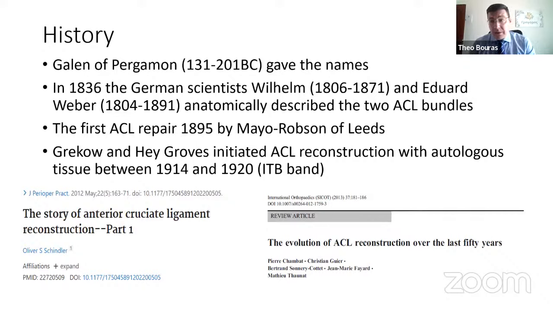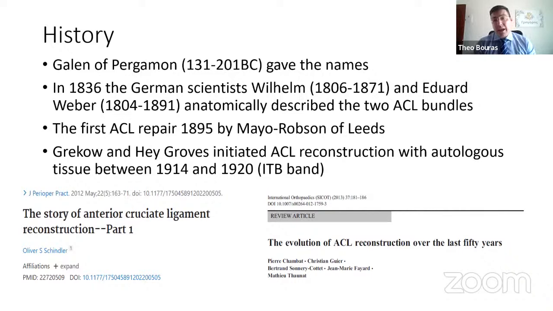Following that, big names that are still referred to in our literature and our common practice, people like Ellison, Slocum, MacIntosh, and Lemaire developed extra-articular procedures to deal with the insufficiency of the ACL without success, however, and consequently open procedures of ACL reconstruction using a band of the patellar tendon followed, and in the beginning of the 70s, the arthroscope came into our life.